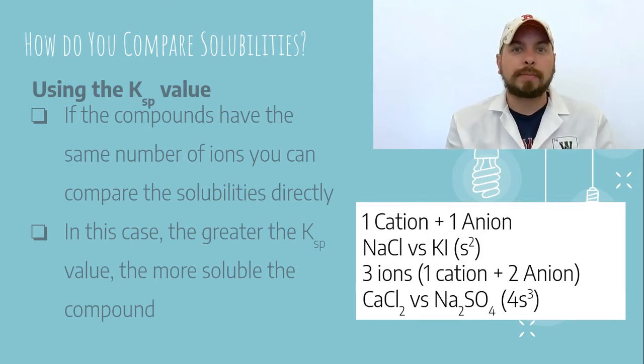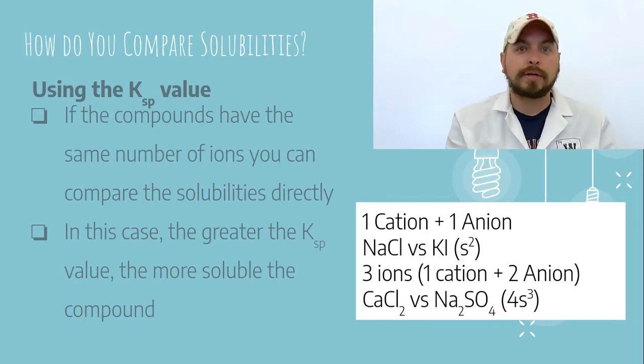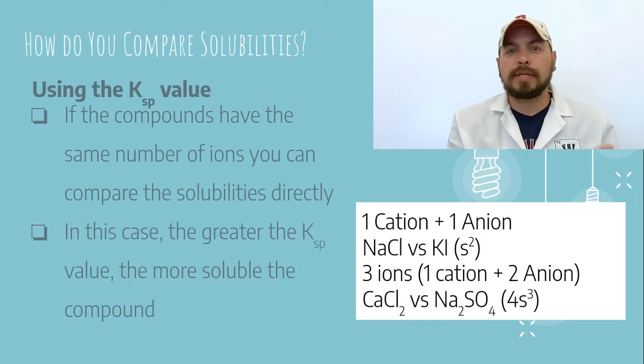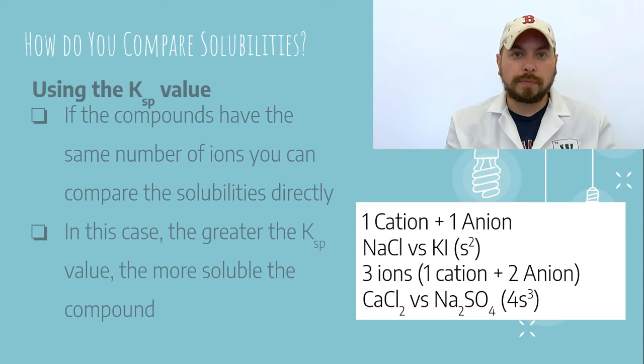And remember, it doesn't matter if those ions are the anion or the cation, because in the end, the value of S is going to be multiplied in the same way and then squared in the same way. So again, we can compare KSPs only if we're comparing compounds with the same number of ions. In that situation, the compound that has the greater KSP value will be more soluble.